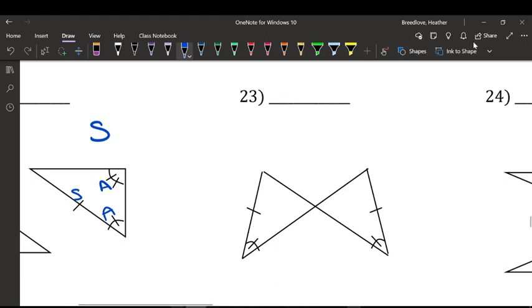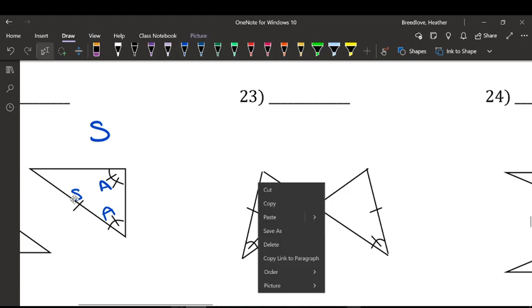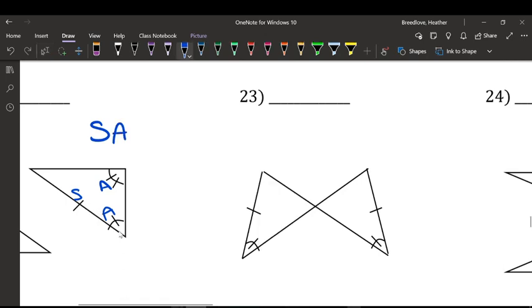ASA. Well, I want to see this side. This side is touching this angle down here, right? So this S is touching this A. So I'm going to write that. The S is touching an A. Okay. What about this other angle, the one across from it? Is this angle touching this side? No. So where can I write the A that's not touching the S? Can I write it up here where it's not touching the S?